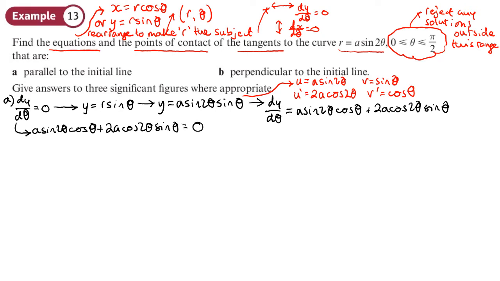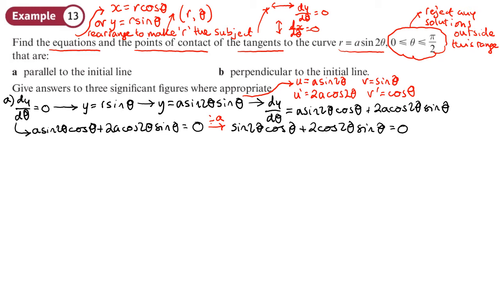We can divide both sides by a, because we're trying to find theta. If I divide both sides by a, that will give us sine 2θ cos θ plus 2 cos 2θ sine θ equals 0.